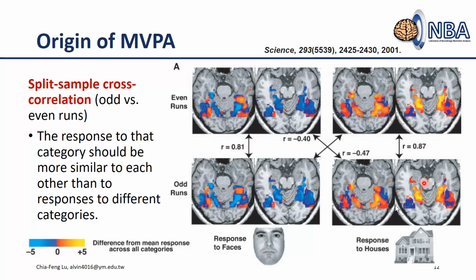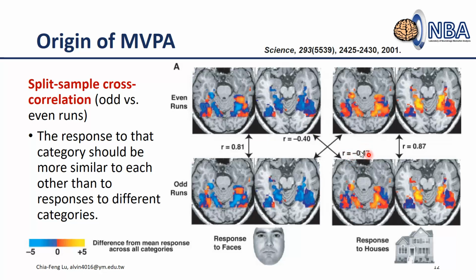Now you try to perform the cross-correlation between 2 different stimuli. You can take the even round human face stimuli with the odd round house stimuli, and you can see the correlation becomes very low. Sometimes you may find a negative correlation. That means the pattern is pretty different.